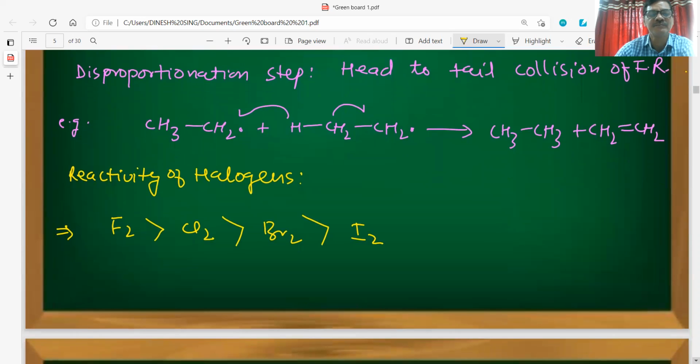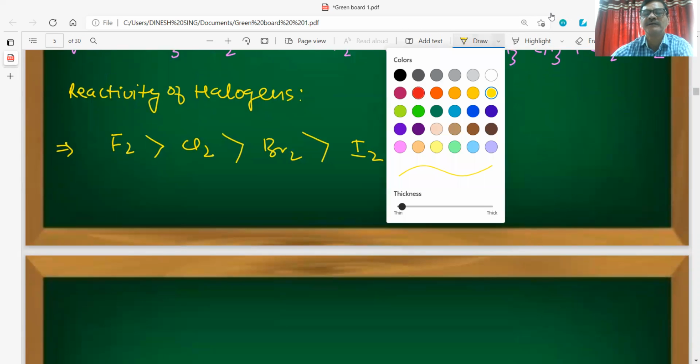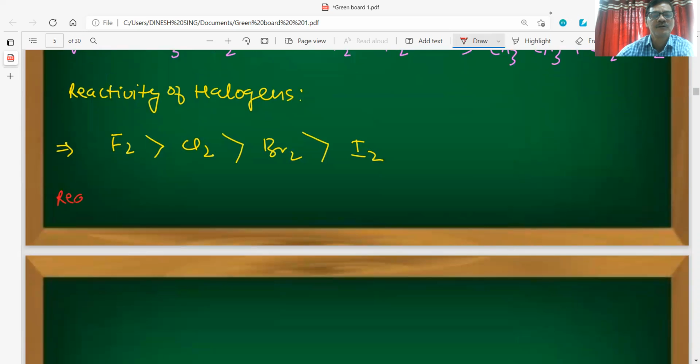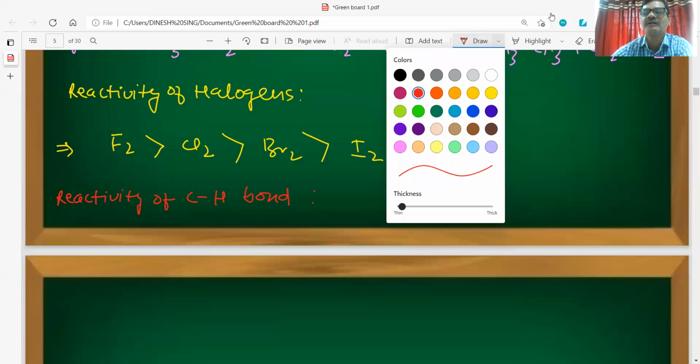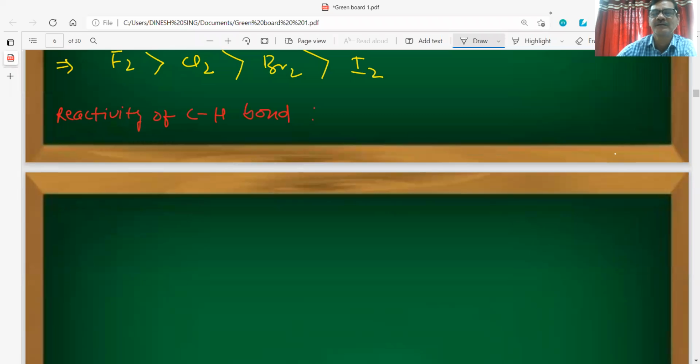After that, we can see the reactivity of C-H bond, because through the cleavage of C-H bond we will get different types of free radicals. So more stable radical means more reactive will be that C-H bond towards free radical substitution.